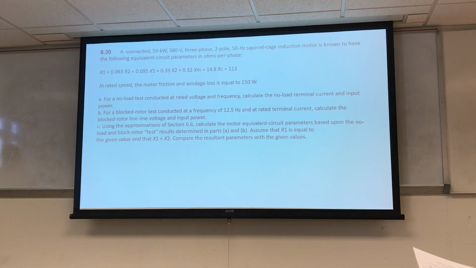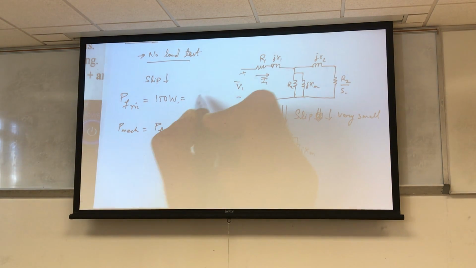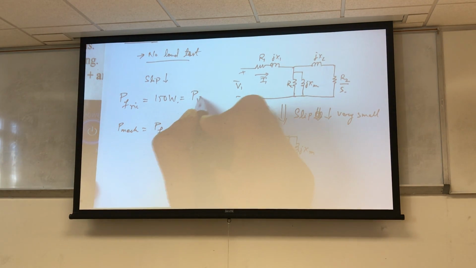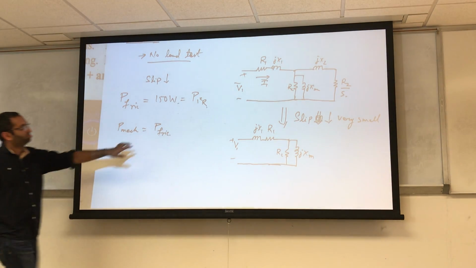So we can consider the frictional loss, which is also equal to I squared R, or we can say the rotor copper loss.